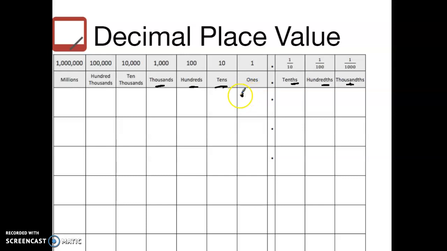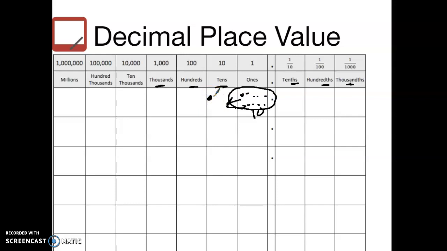Multiplying 1 by 10, essentially what I'm doing is creating 10 copies of 1, right? So there's 1, 2, 3, 4, 5, 6, 7, 8, 9, 10. Now I have 10 ones, right? And you know how we can't have 10 ones, so we are going to bundle this and take it to our tens.